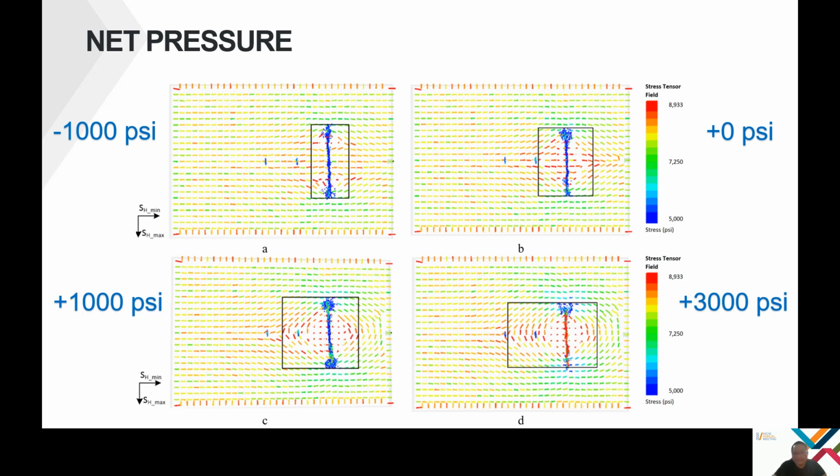When we increase and increase, let's say we try 3000 psi, how it looks, it becomes larger and larger. How can we determine the stress shadow area? By the change in the magnitude and also the change in direction of the stresses around the fracture.